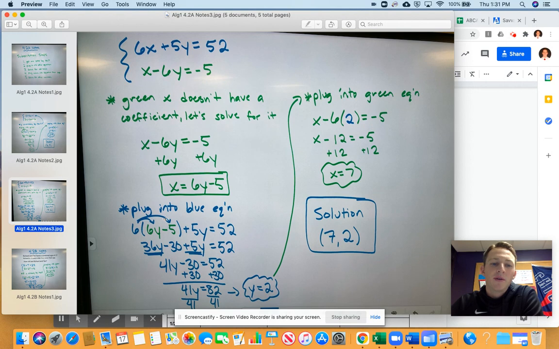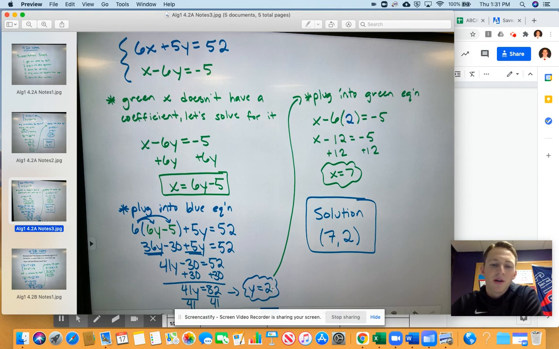We are going to distribute right here, so we have 36y minus 30 plus 5y equals 52. Combining our y's, which are like terms, we have 41y minus 30 equals 52. Move the negative 30 over, so we add it, do the opposite sign, and now we're going to divide by 41, get the y by itself, and y equals 2.